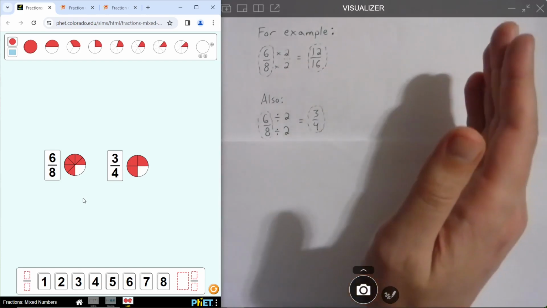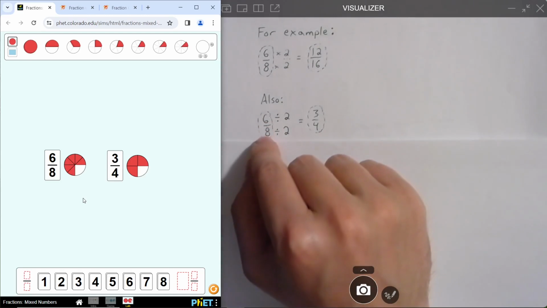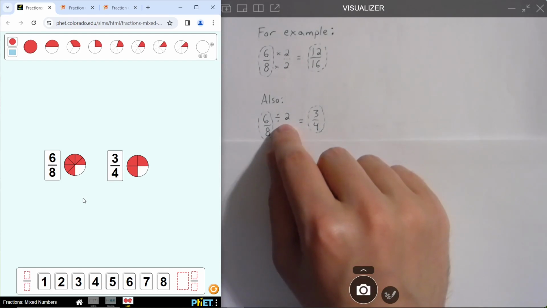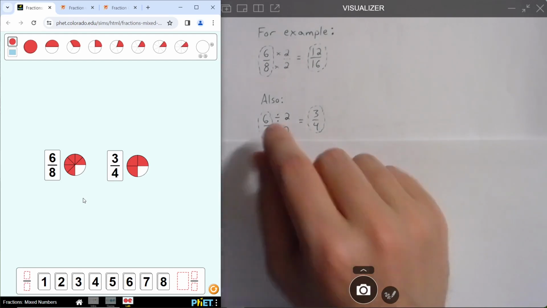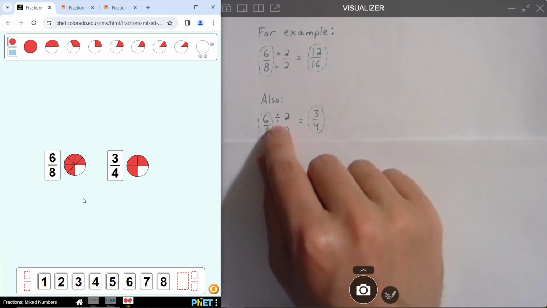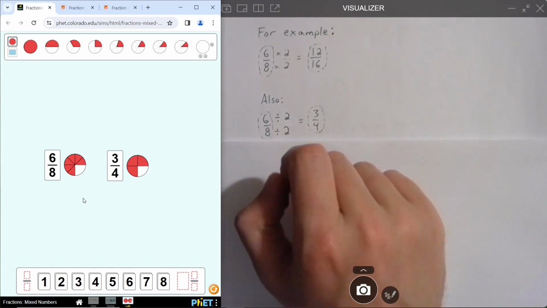Now you can also divide your numerator and your denominator by the same number. So instead of multiplying them both by 2 or by 3 or by 4 or by 5, you get the idea, we could also divide. In this case, I chose to divide by 2 for both the top and the bottom. Right?